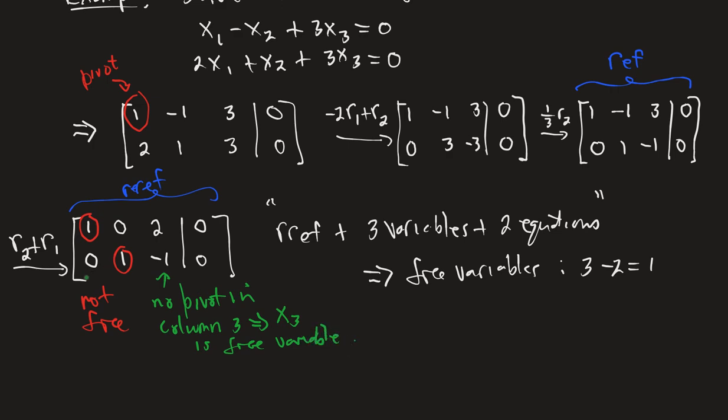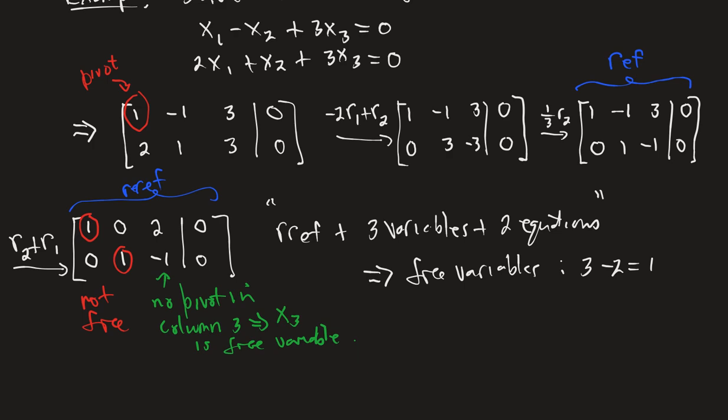So if you notice the progression in which we've done things, the systematic way in which we define a leading variable or a pivot, the systematic way in which we reduce the system to this kind of simpler form, then it gives us a systematic way of identifying which variables are free, right? So now let's write down our parametric solution set. So let's do that.